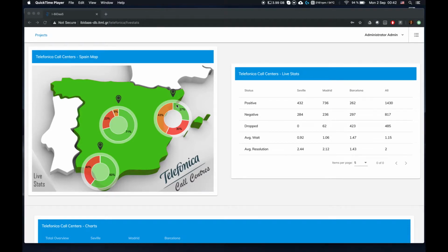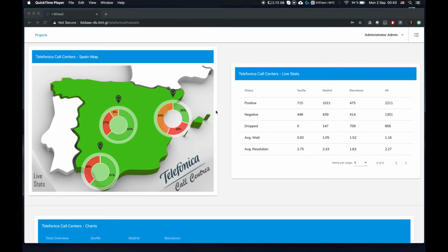So in this example, we see that the call centers in Sevilla and Barcelona are mostly handling the calls successfully, although in Sevilla there's quite a large percentage of calls classified as negative, whereas the call center in Barcelona appears to have a very high percentage of calls that are dropped, so they go unanswered.